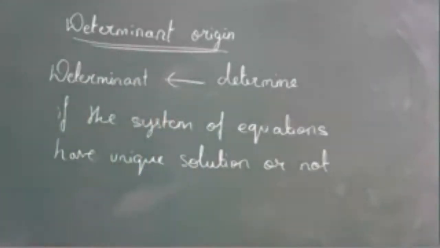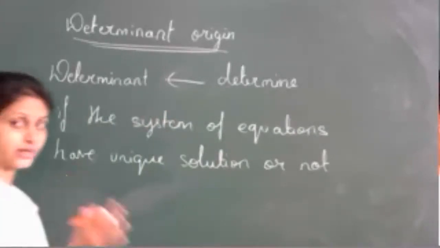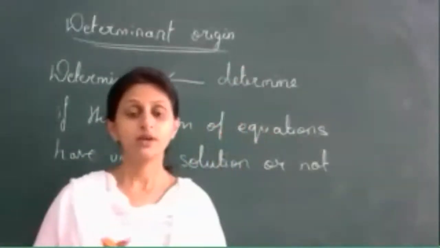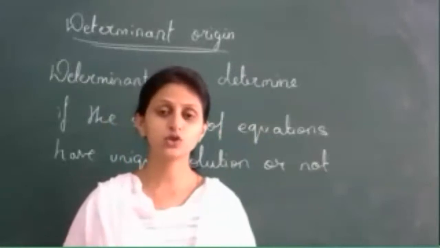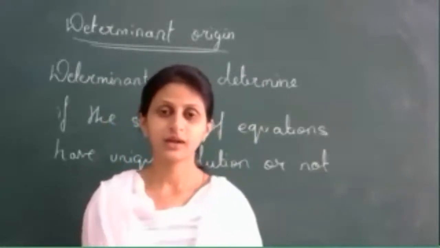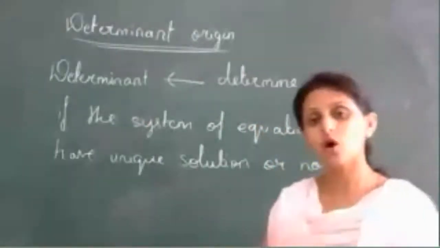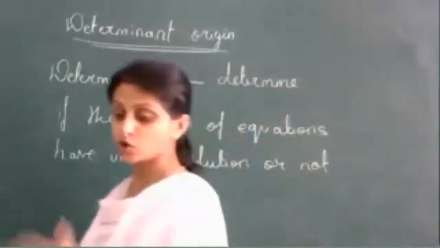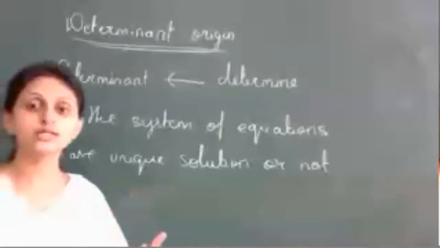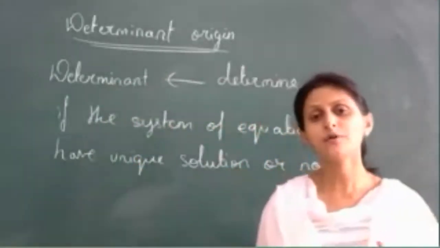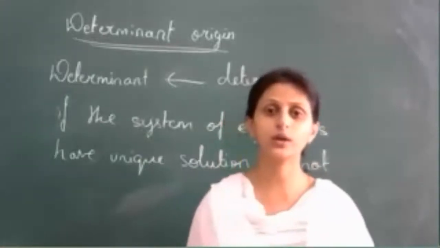When we studied matrices, we saw that if we have two linear equations, then we can solve it algebraically. But we had an alternative method to solve it through matrices. That is, any system of linear equations can be solved by matrices. So we use matrices to solve the system of linear equations. And here, this determinant helps us to see what type of solution that system of linear equations will have.